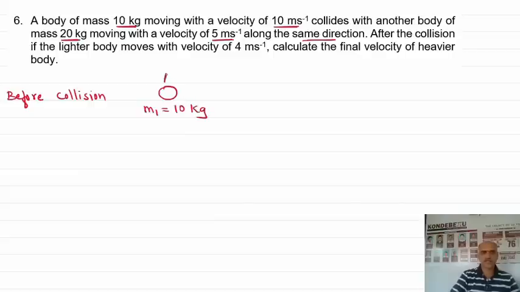This I will take as A. Velocity u1 is 10 meters per second. I will take this as moving from left to right. It collides with another body B of mass 20 kg.